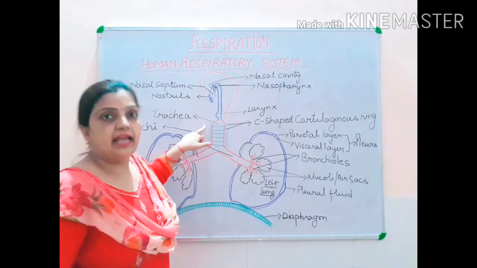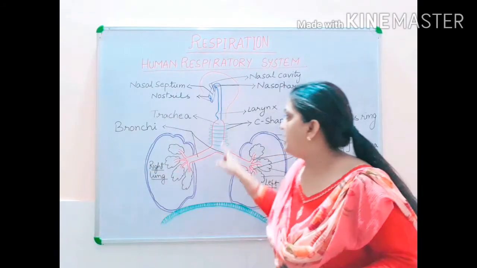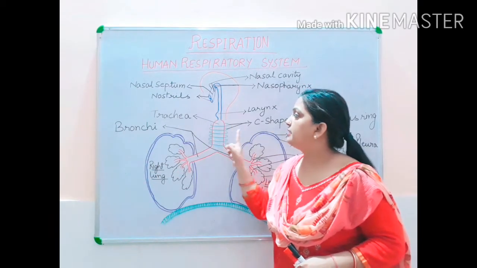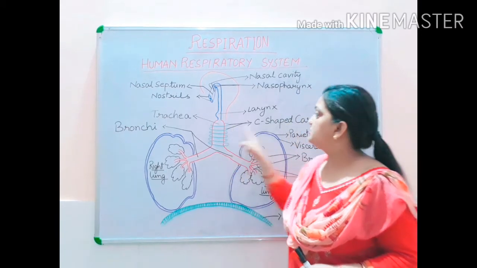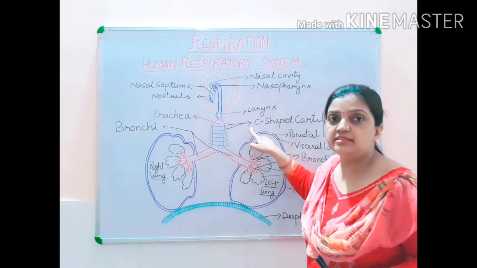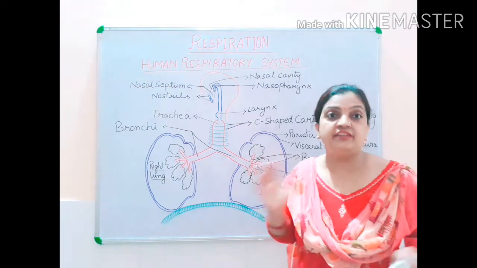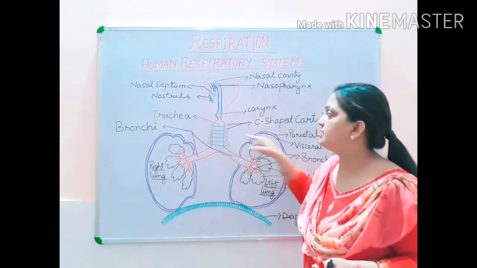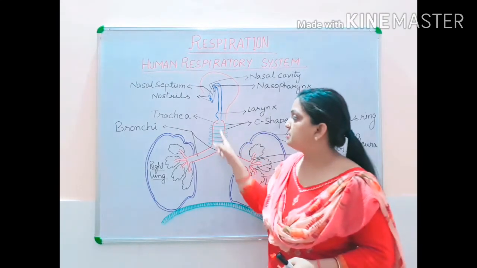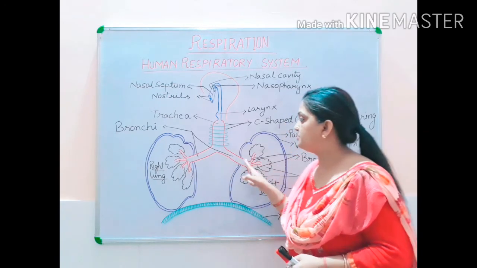then we have trachea. On the trachea you can see I have drawn a ring-like structure with green color. These are cartilaginous rings made in C-shape, alphabet C. So it is C-shaped cartilaginous rings. Then children, you can see I have divided the trachea into two branches.